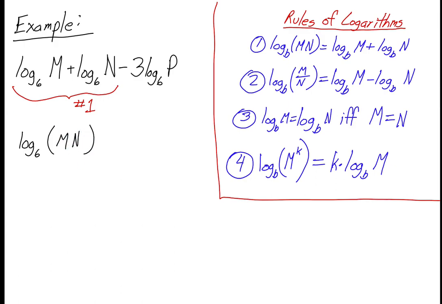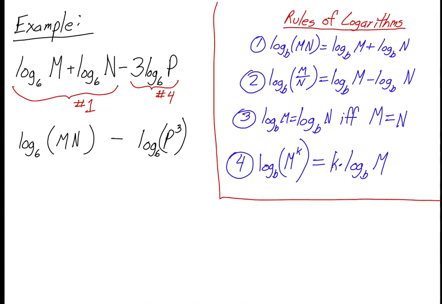And at the same time, we can say this last part is 3 times the log of p. We're going to use rule number 4 on that and say that thing turns into the log base 6 of p to the 3rd power. That's rule number 4. And we've got a minus sign in between those.